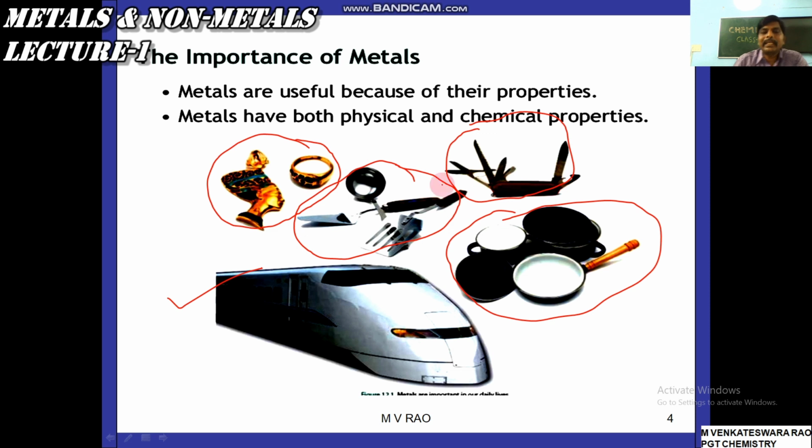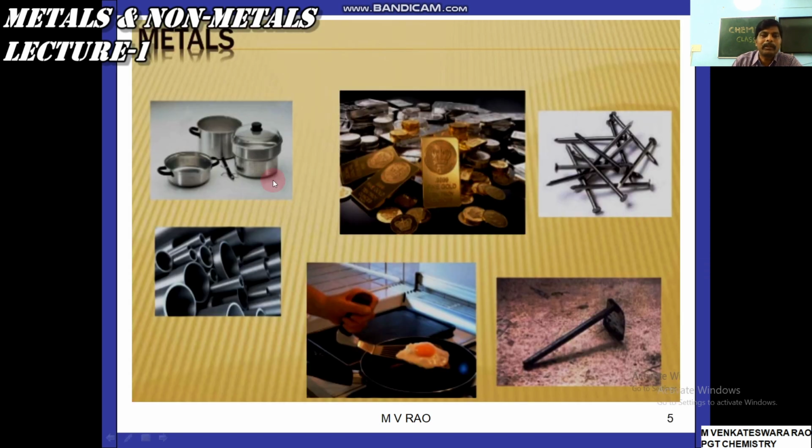Not only in kitchen, ornaments and train, metals have so many uses. That means in transport, cooking vessels, gold and platinum, silver coins, nails, pipes, metal pipes. Next tools. So these are some examples for uses of metals.